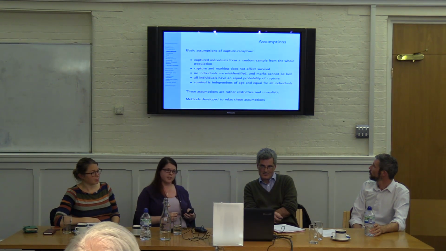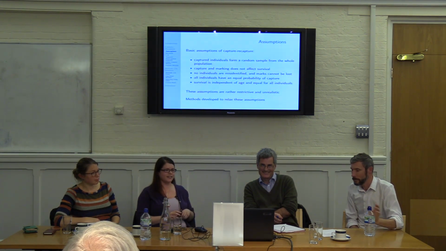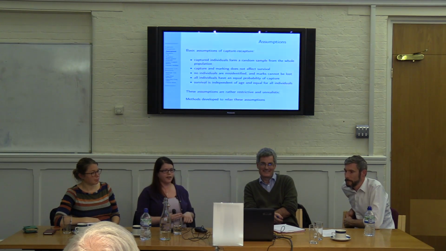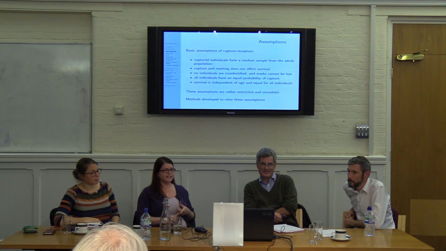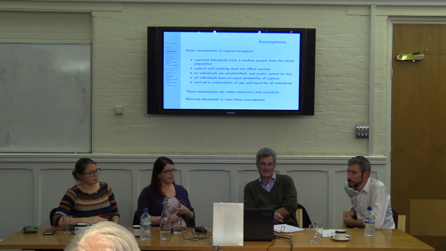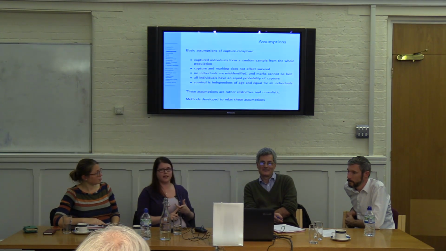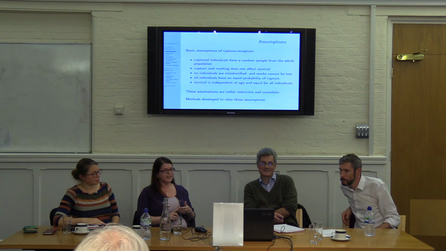So the basic assumptions, and these are the very baseline assumptions of capture-recapture. First of all, we have to assume it's a random sample from the population. We have to say that capture and marking does not affect survival. Unfortunately, that's not always the case. I think it was penguins, they discovered that tagging them affects their survival rates.